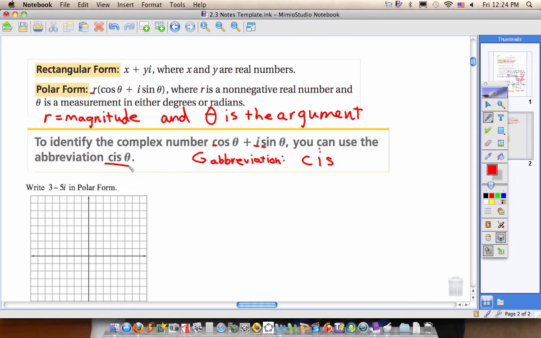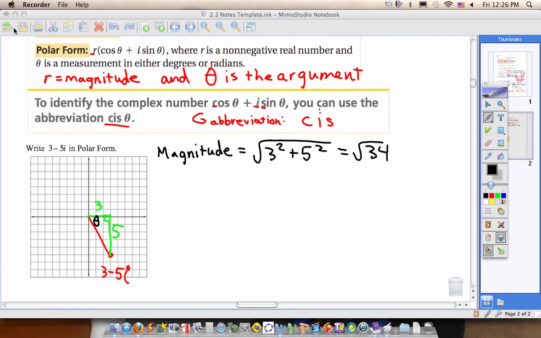So the last problem we're going to look at, we're going to write 3 minus 5i in polar form. What are the 2 things we need for polar form? Magnitude and argument. So with your partner, find the magnitude and argument for 3 minus 5i.